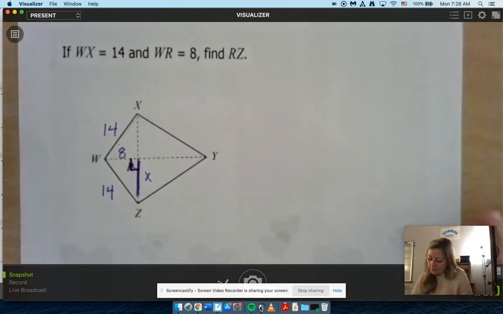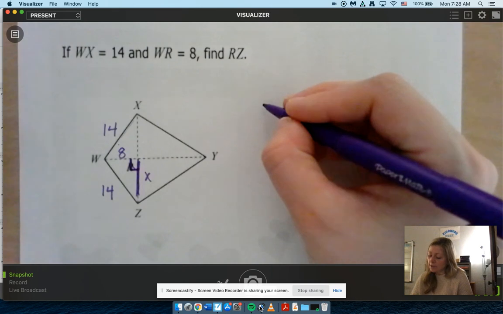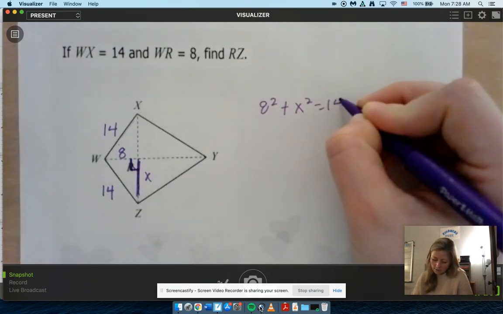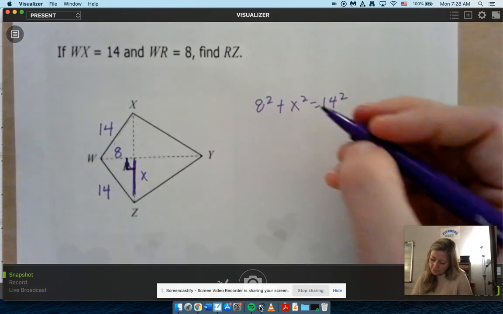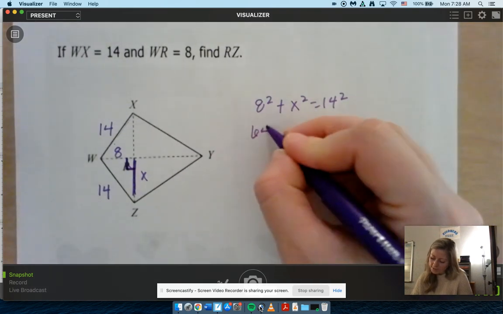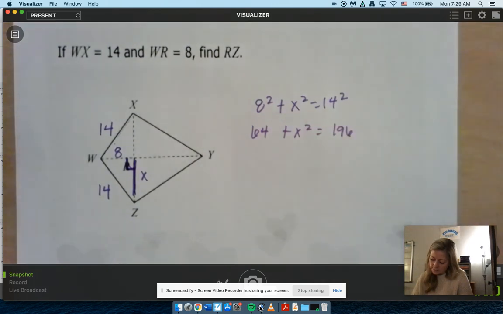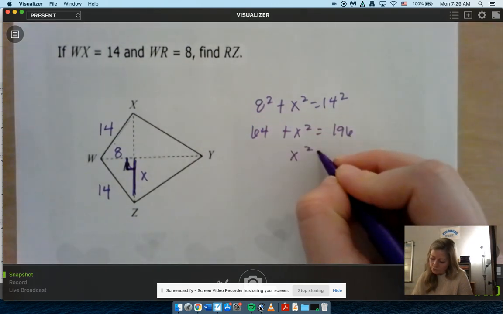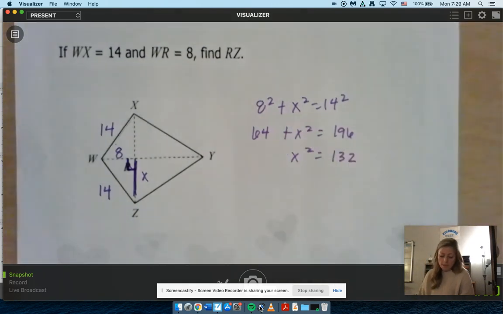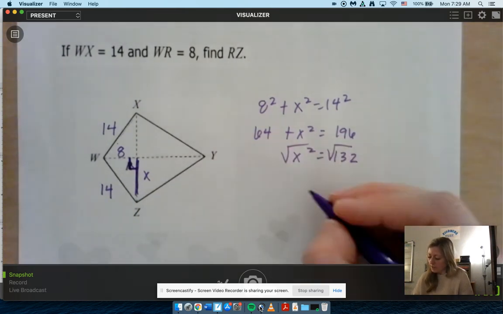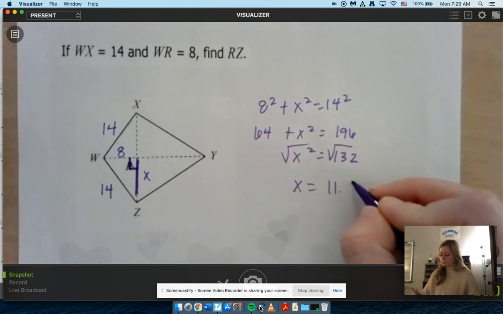So if we do the Pythagorean theorem, we're going to get 8 squared plus x squared equals 14 squared. Crunch out these numbers: 64 plus x squared equals 196. Subtract over that 64, we should get 132. Take the square root. x equals 11.5.